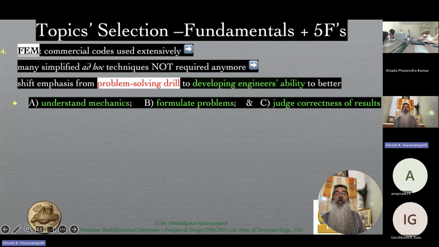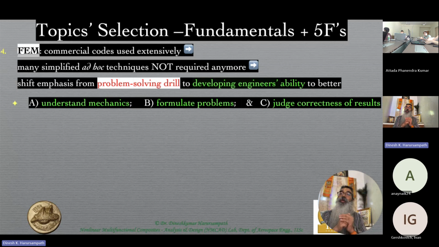So because the commercial codes are used extensively, many of the simplified ad hoc techniques are not required anymore. What we mean by this adjective ad hoc is not that they are not applicable, but they are applicable for a specific class. Suppose I'm trying to solve a particular problem. I use a particular technique to solve that problem.